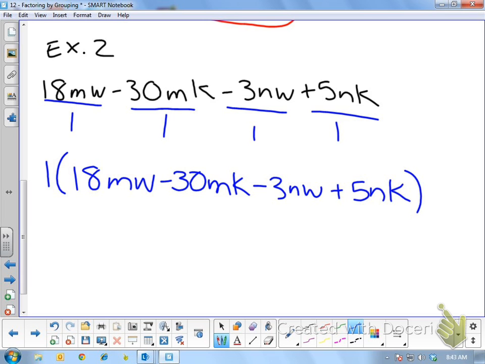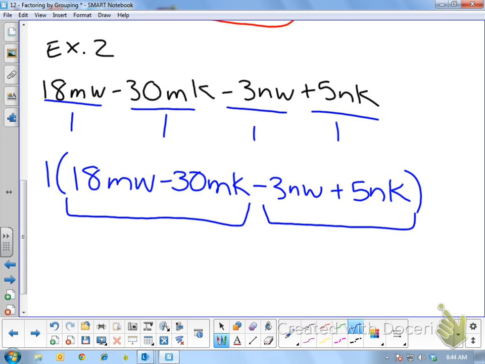So that's why I am writing it every single time. So we did our greatest common factor. Now we look for our groups. I know there's some weird variables going on, but we still just group the first two and group the last two. None of our process will change. We're going to still do this the same way.